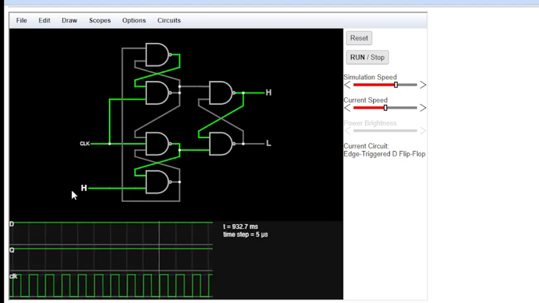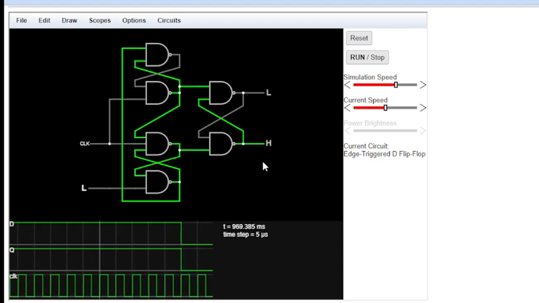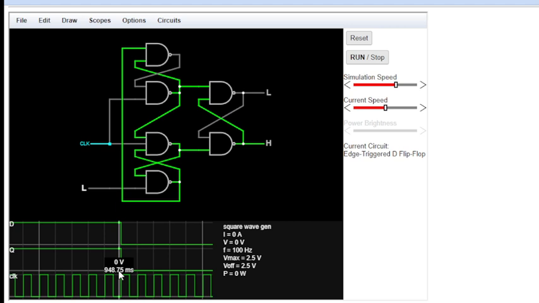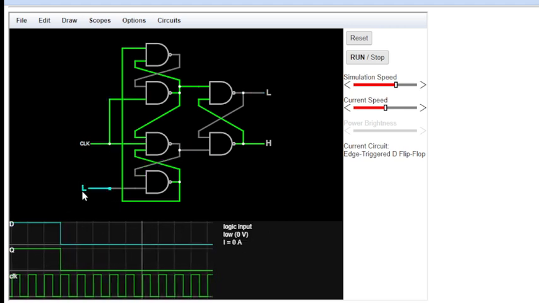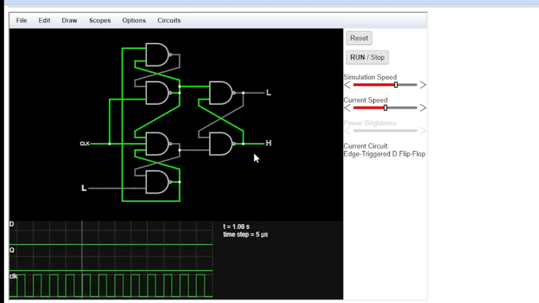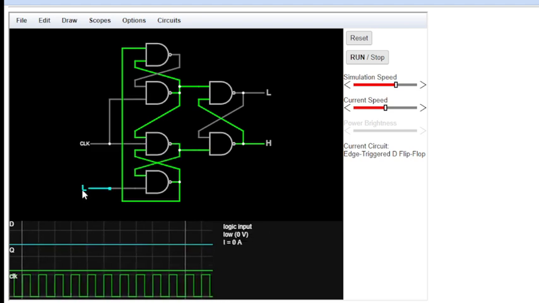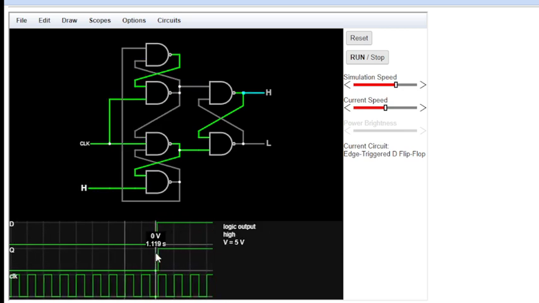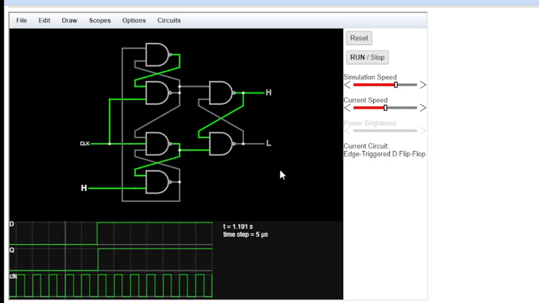And if I make this input low, you will see that we get high at Q bar. You can see here the waveforms: as I make the D input low, the Q becomes low, and if I make the input high, the Q becomes high. Here we have some time gap that is due to the circuitry.